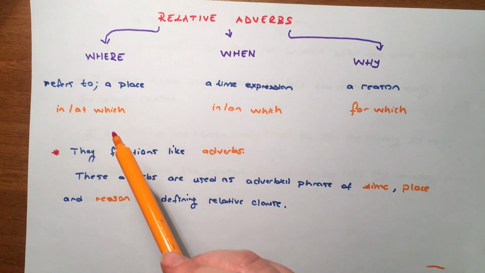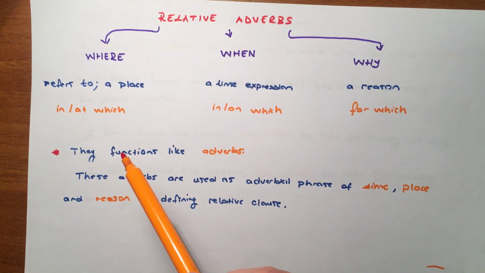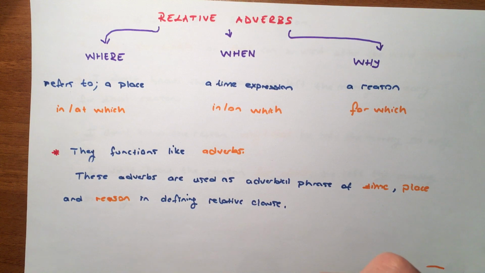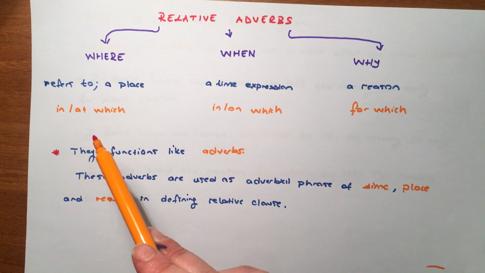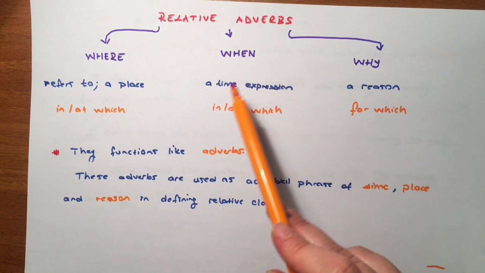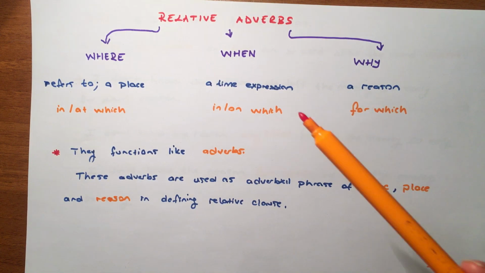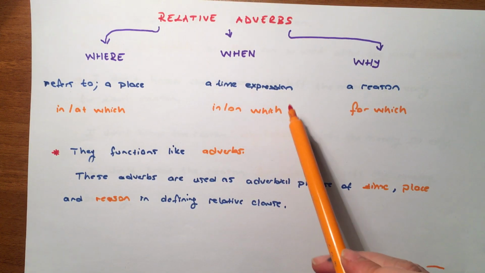Where refers to a place. If we give extra information or necessary information about a place, we use where. Instead of where, as you know, you can use in or at which. And when refers to a time expression.